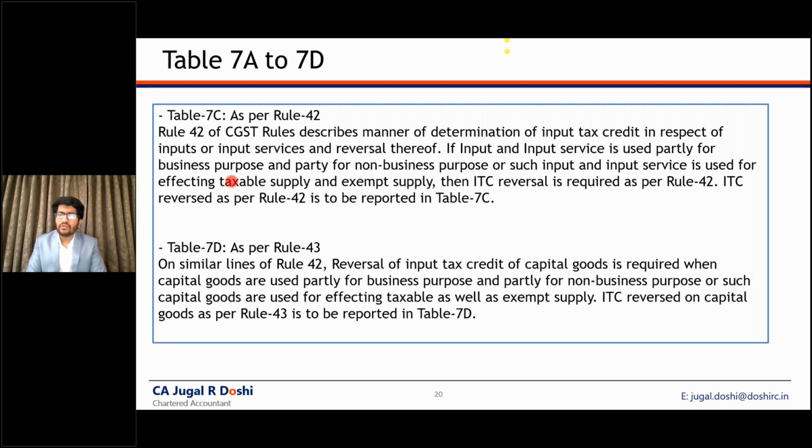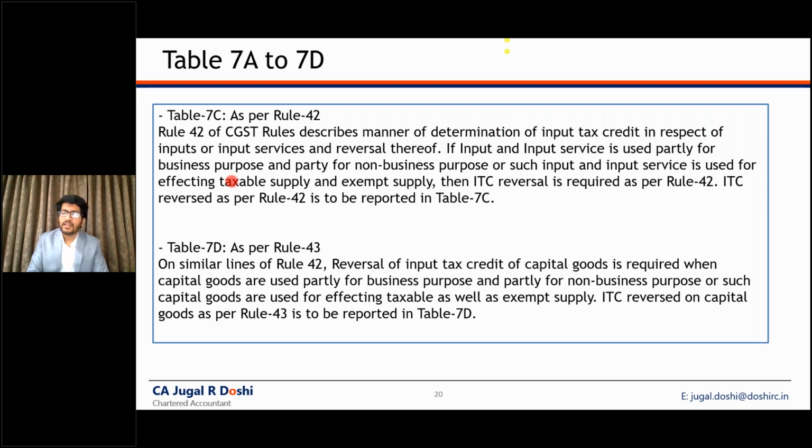It is compulsory to follow Rule 42. We cannot devise our own reversal methodologies, wherein I would say this supply is used 70% for taxable supply and 30% for exempt. No, there is no time ratio or any other ratio, compulsory on turnover ratio, and it is to be done on a company level.